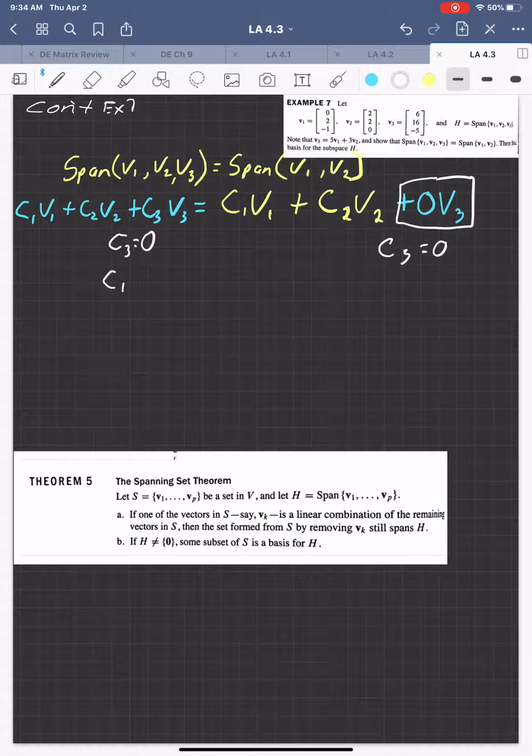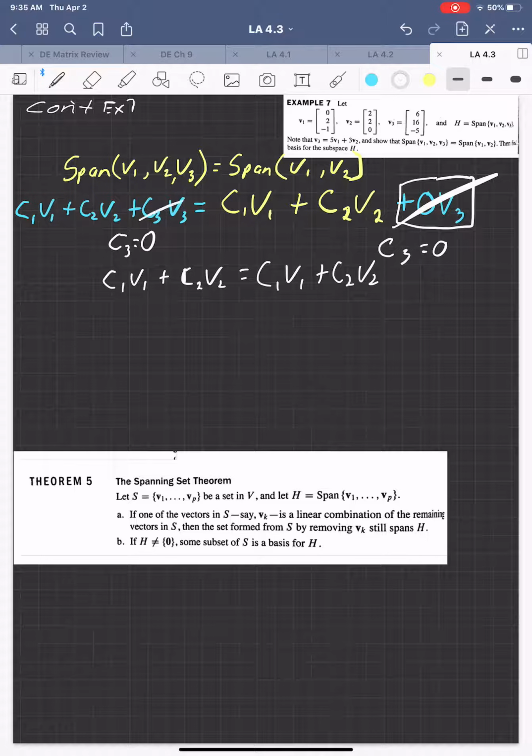I'm simply left with exactly what we were told: c sub 1 times v sub 1 plus c sub 2 times v sub 2 is equal to c sub 1 times v sub 1 plus c sub 2 times v sub 2. The c sub 3 term zeroes out now that I know c sub 3 has to equal 0.